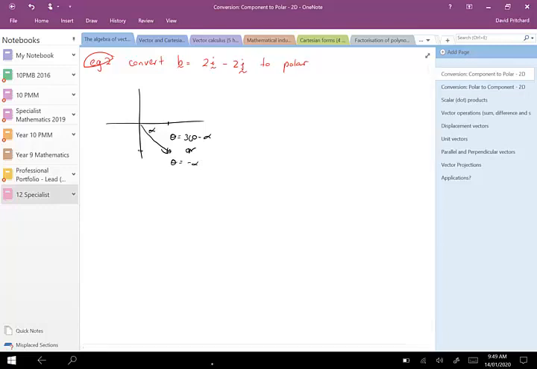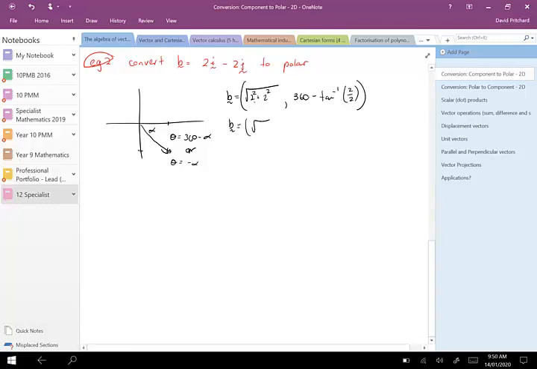I'm going to reduce the space that I calculate this in. So I'm going to say that B is equal to the square root of 2 squared plus 2 squared. So that's our magnitude. And I know that it's going to be 360 subtract arctan of 2 on 2 for my angle. So you can see I put it all into the one calculation instead of spreading it out.